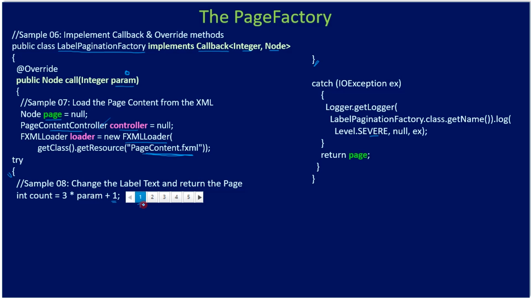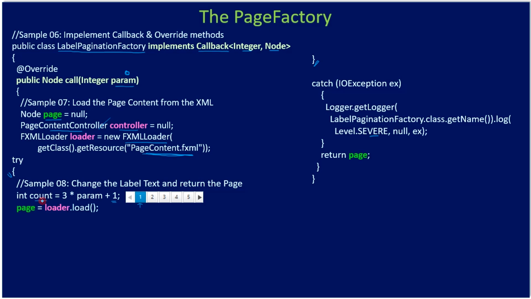So at runtime, when the user clicks each page, we will display 3 labels. We will display it like page 1, label 1, label 2, label 3. And when the user clicks here, page 2, label 4, label 5, label 6. For that only we are using this calculation. The count here will tell the current label number.